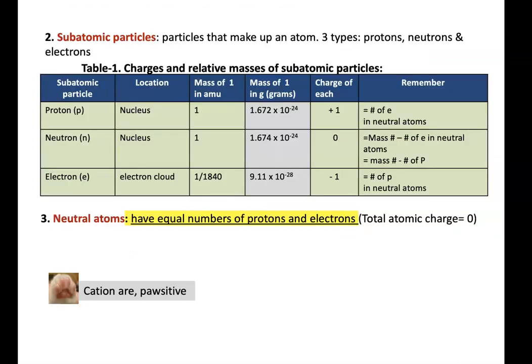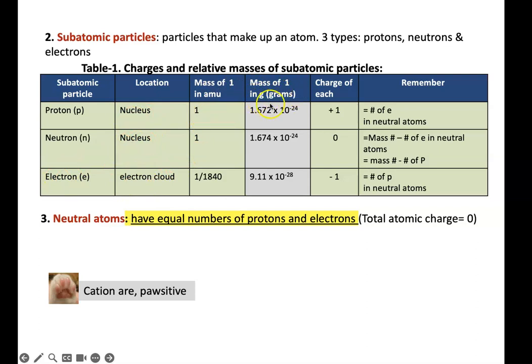Number two, what are the subatomic particles and what are their charges and relative masses and actual masses? So you need to remember the green highlighted sections in this table. Protons and neutrons are found in the nucleus and electrons are found in the electron cloud.